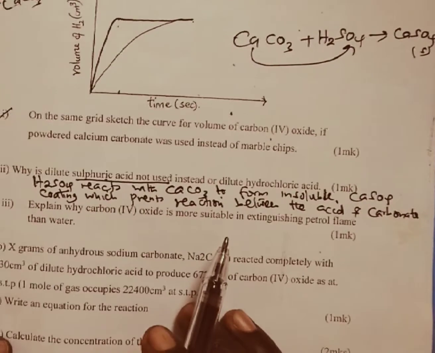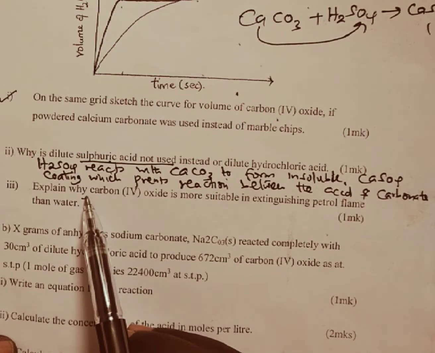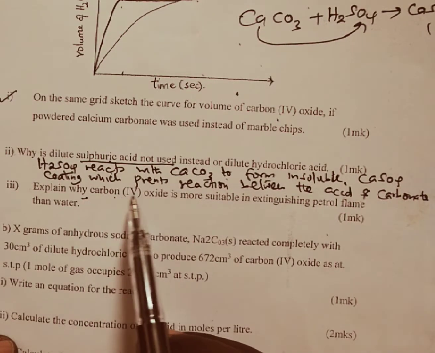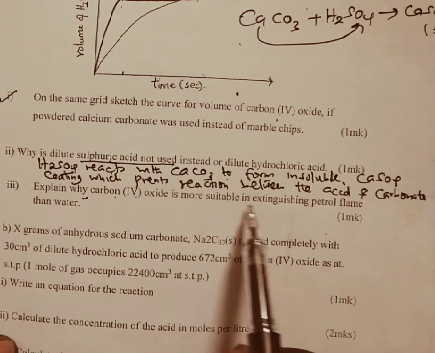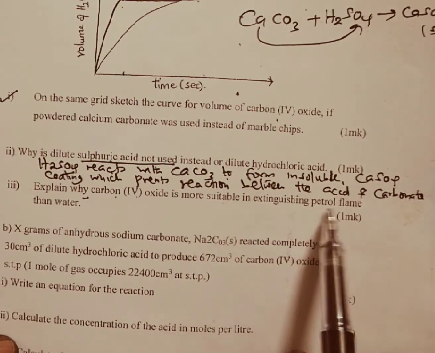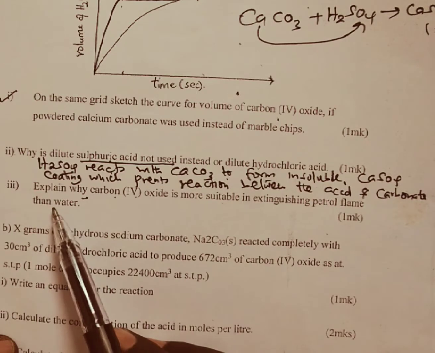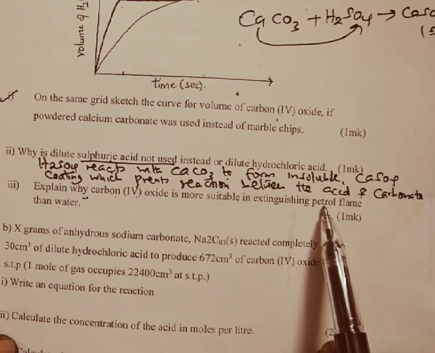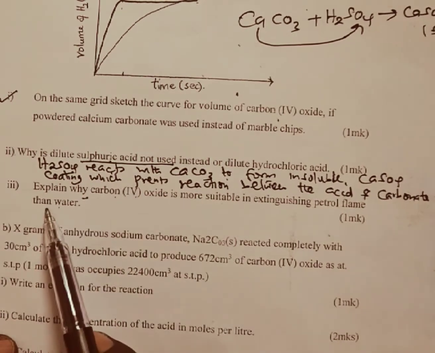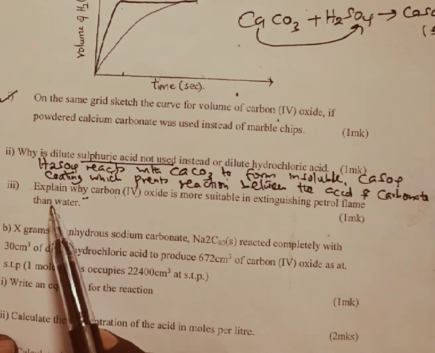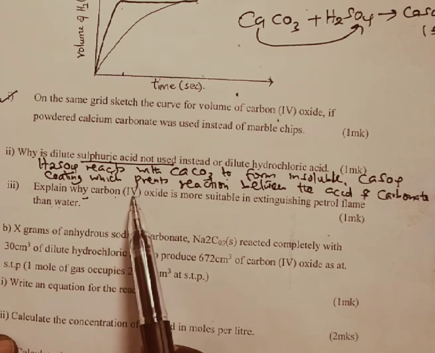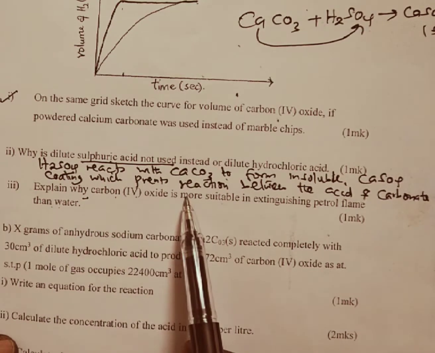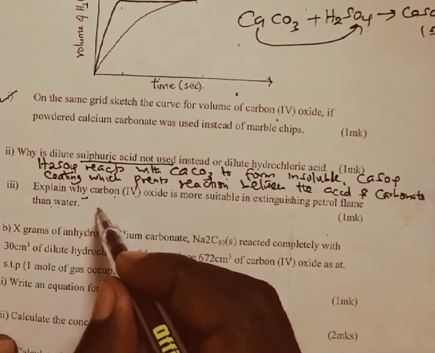We move down. Explain why carbon 4 oxide is more suitable in extinguishing petrol flame than water. Remember, if you look at water and petrol, petrol is less dense and therefore it floats on water and continues to burn. But why is it that carbon 4 oxide is more suitable? The reason is very simple.